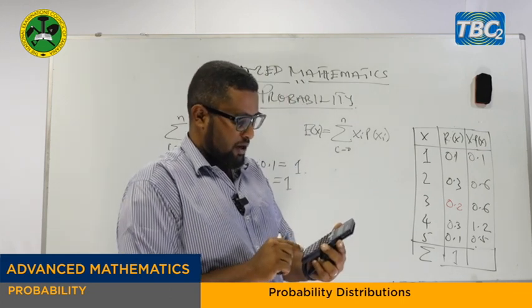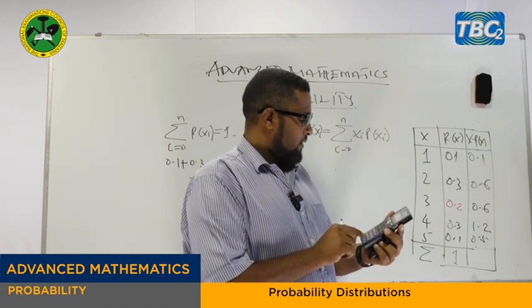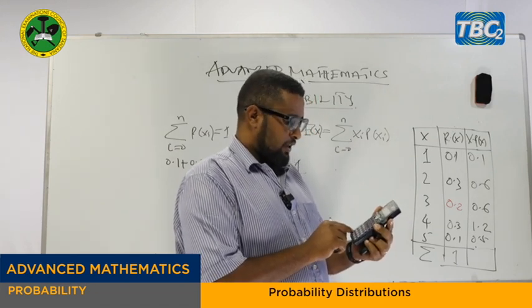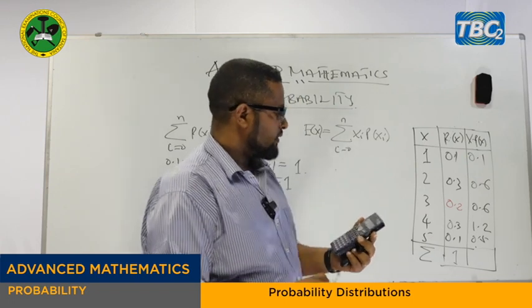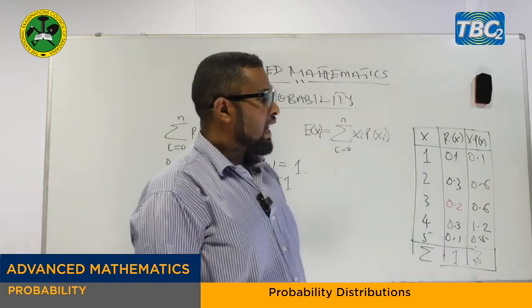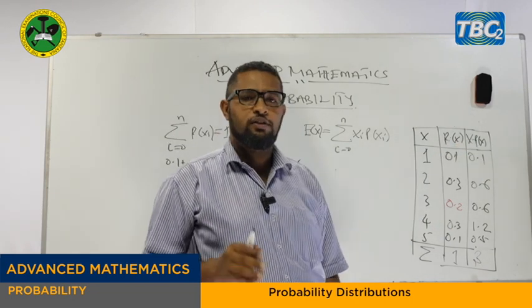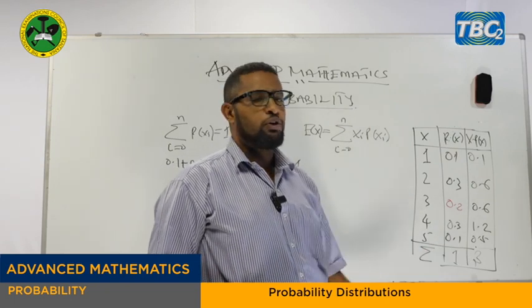Now 0.1 plus 0.6 plus 0.6 plus 1.2 plus 0.5. This one equal to 3. So in our table, the summation for the product between the variable x and its probability give us equal to 3.